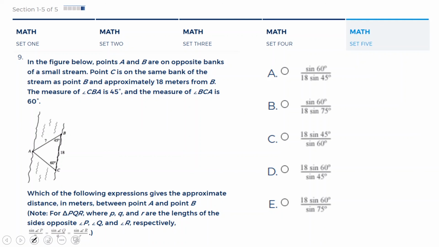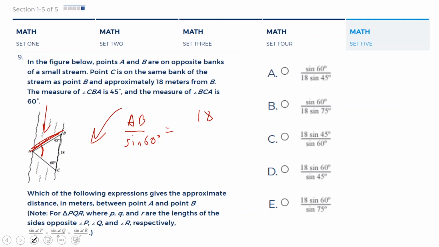In the figure below, points A and B are the opposite. Okay, so CBA, we're just looking at this guy here. And the measure of CBA, then the measure of BCA. Which of the following expressions is approximately the distance between points A and B? So we're looking for this side. For that side, we can do the law of sines. So it's AB over sine of 60 will be equal to 18 over sine of the angle we don't have yet.